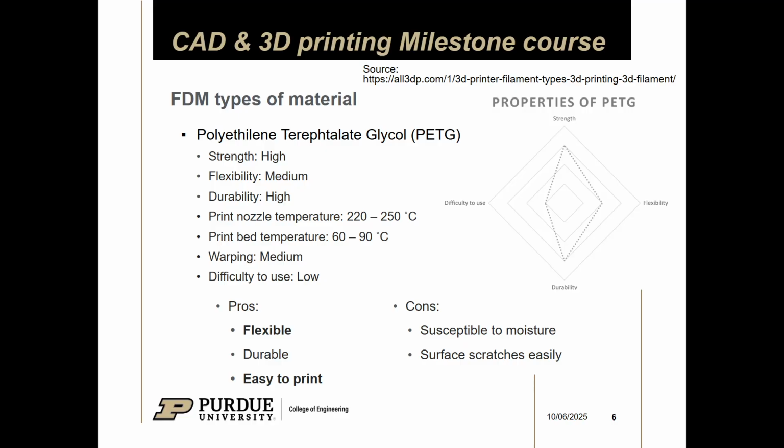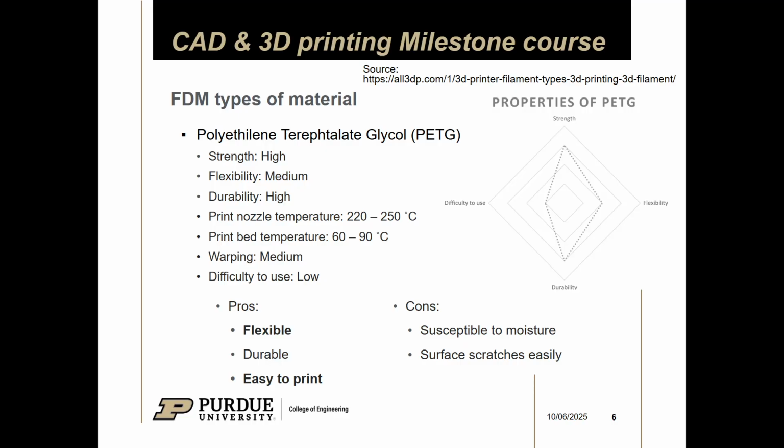I left stuff in my trunk over the summer, printed in PETG, and it was totally fine, just baking all summer. But my friend left stuff in his trunk in PLA, and it got all warped. So if you want something a little more temperature resistant but you don't have an ABS setup, PETG is a pretty good material to go for. Almost all machines now print PETG.